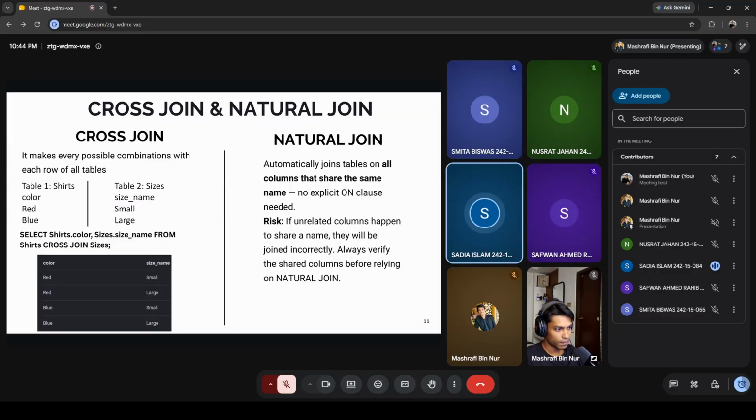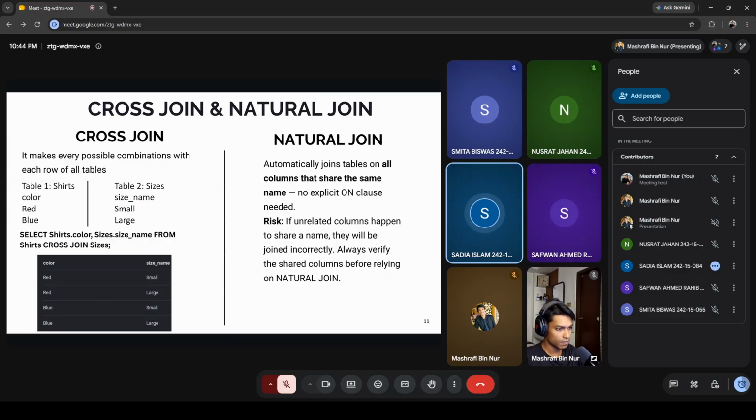Finally, let's discuss cross join and natural join. A cross join creates every possible combination of rows from two tables. For example, if one table has two rows and another table has two rows, the result will contain four combinations. This is also called a Cartesian product.